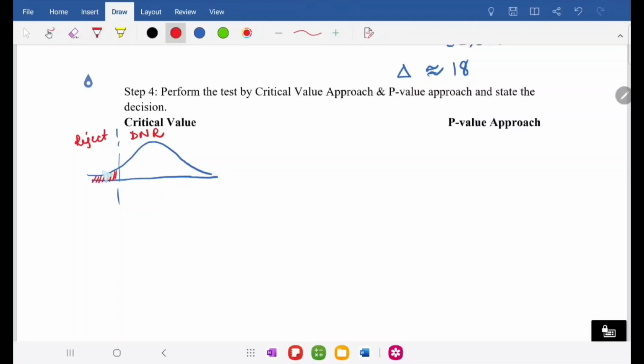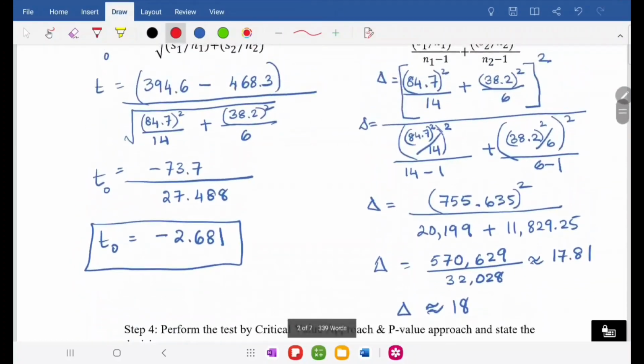The area associated with reject is whatever alpha is, 0.05, and the cutoff is going to be negative t of 0.05 with df equals 18, which is what we found using this formula.